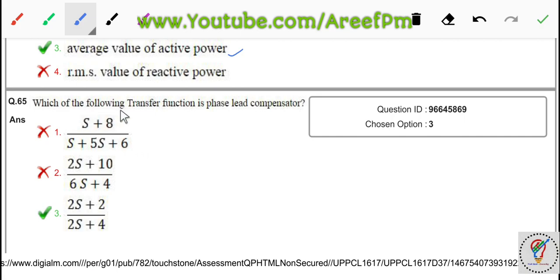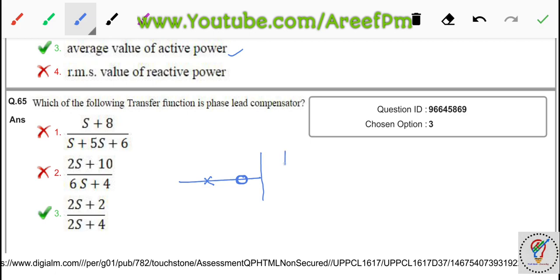Which of the following transfer functions is a phase lead compensator? Before going to discuss the phase lead concept, the basic thing is there should be a zero nearer to the origin, and after that there is a pole.